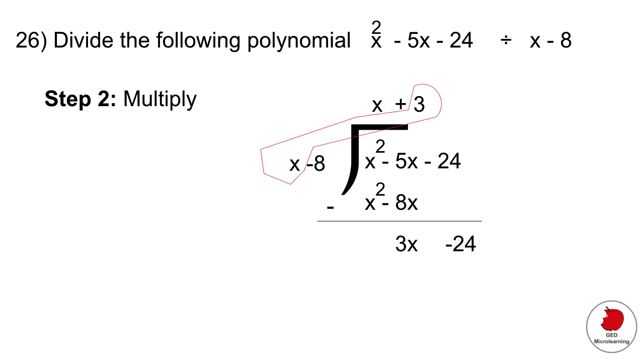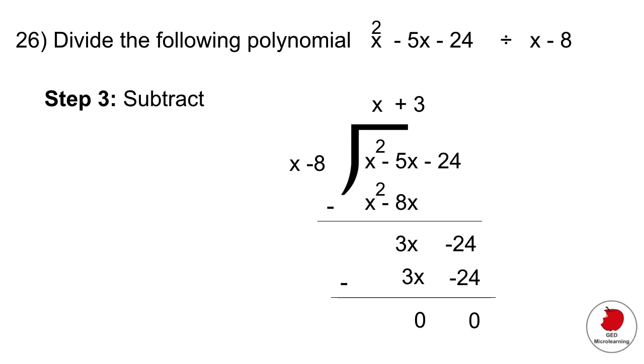So 3 multiplied by x is 3x, and 3 multiplied by negative 8 is negative 24.